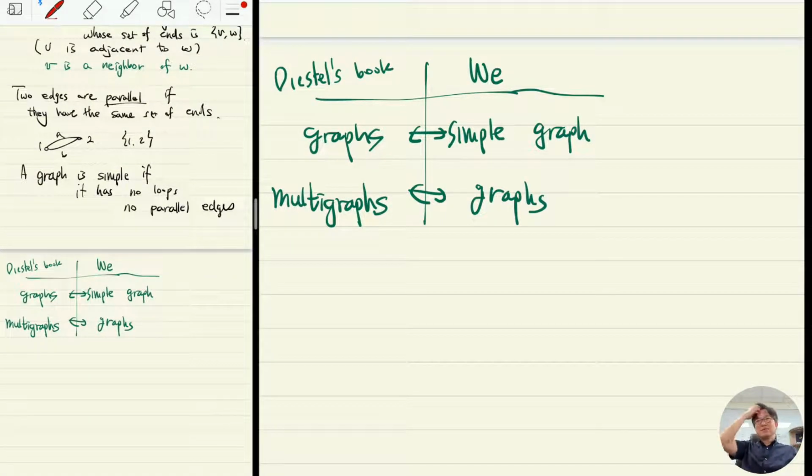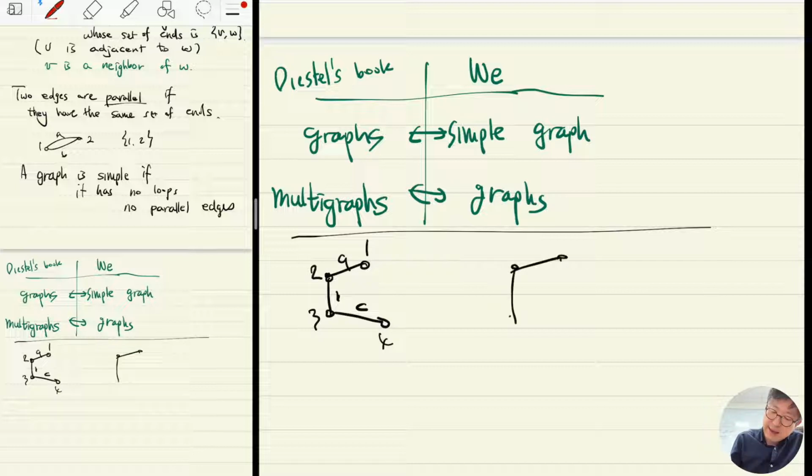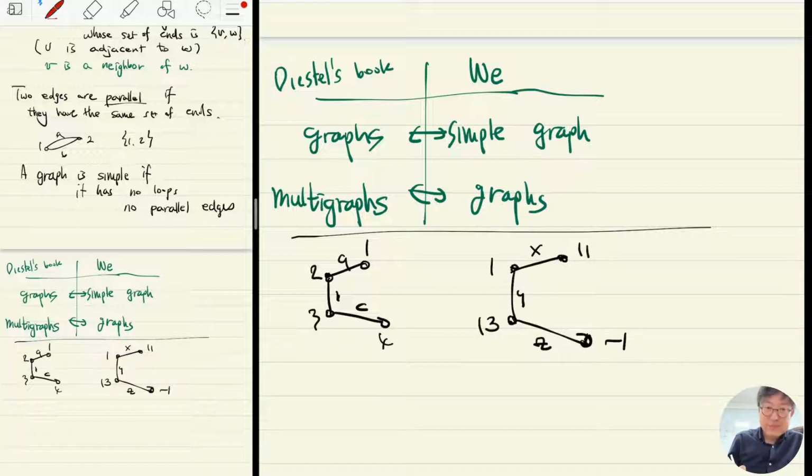Now, these are the common definitions. When you have two graphs that look like this, with vertices 1, 3, 1, minus 1, and x, y, z, technically these two graphs are different, right?